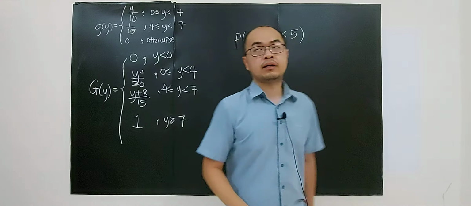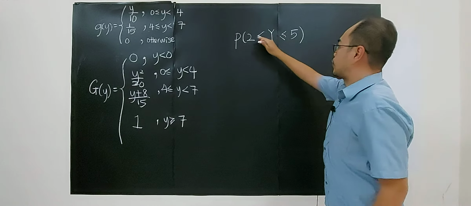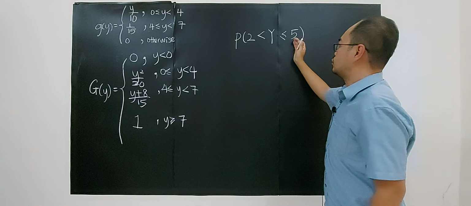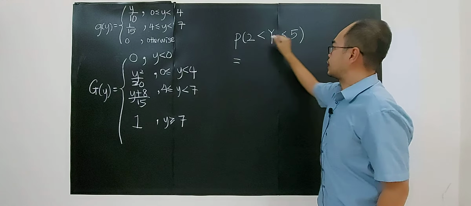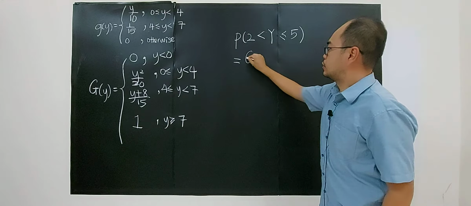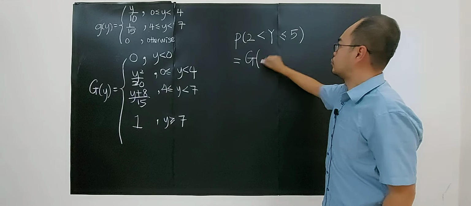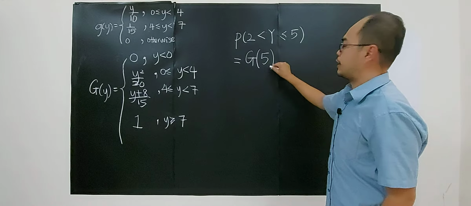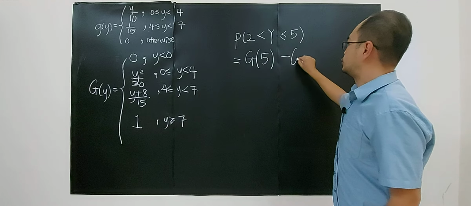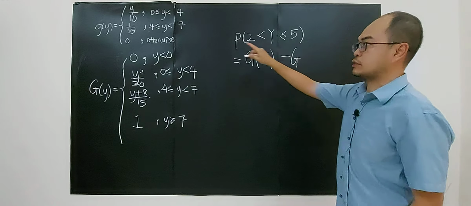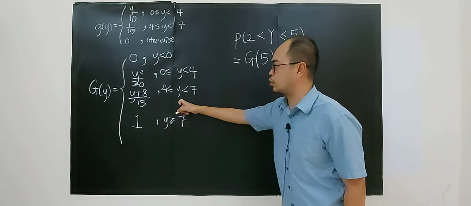So for the probability between 2 and 5, it's very simple, you just take the cumulative value of 5, minus G, the capital letter G, not the small letter. Don't use the wrong function, the cumulative.